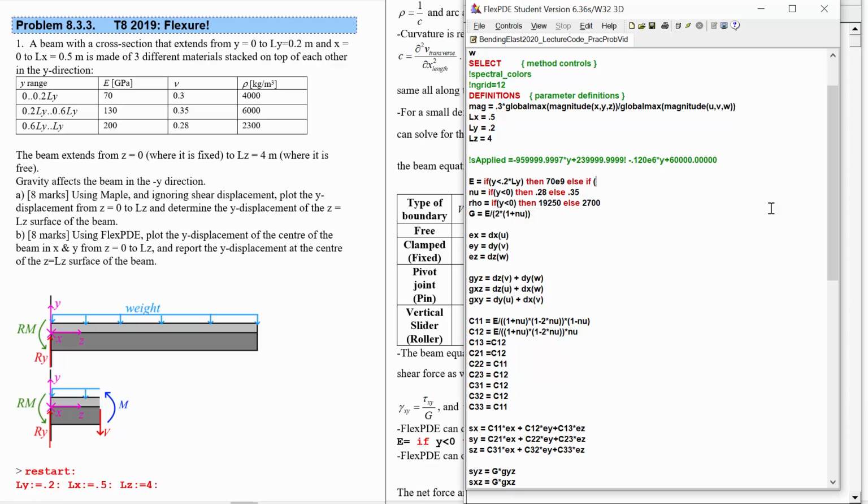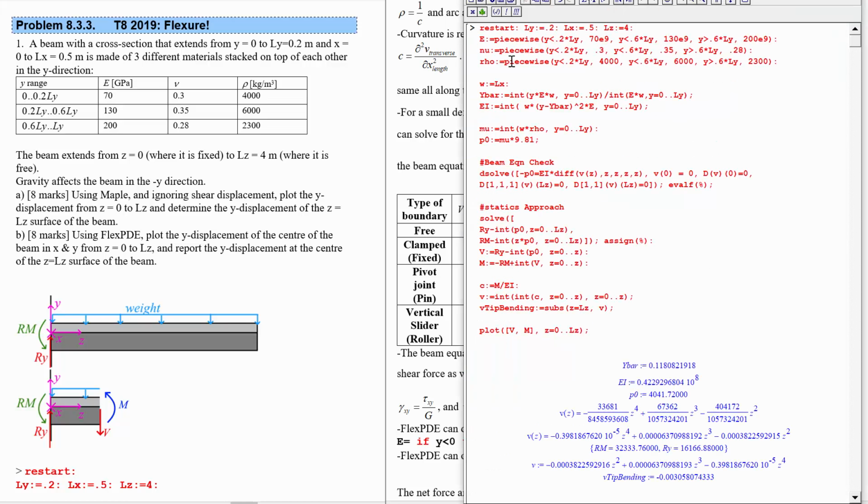Yeah? Else if y is less than 0.6 times Ly, then the next condition, 130 E9, and now we can just use an else. Else 200 E9, and that's it. That's the new information for how to deal with 3 different layers instead of 2.